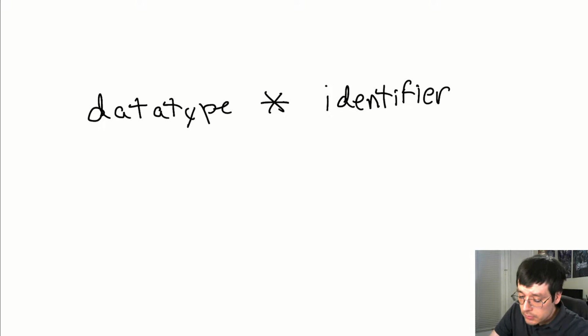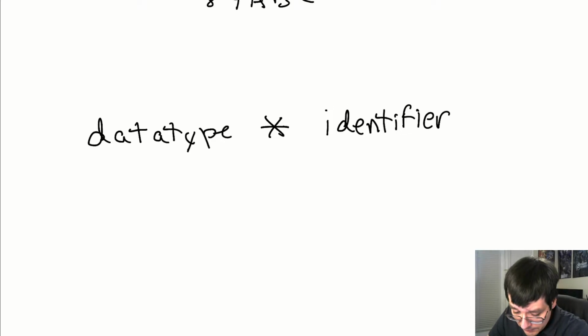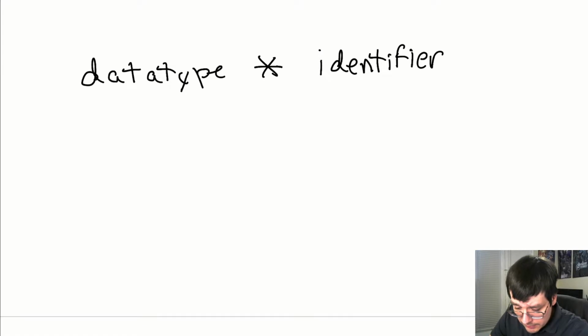Okay, so what is this asterisk called? Does it have a technical name? Well, great question. It does have a name, and it is called the dereferencing operator, or indirect operator, or indirection operator. Okay, so let's go ahead and write that down.